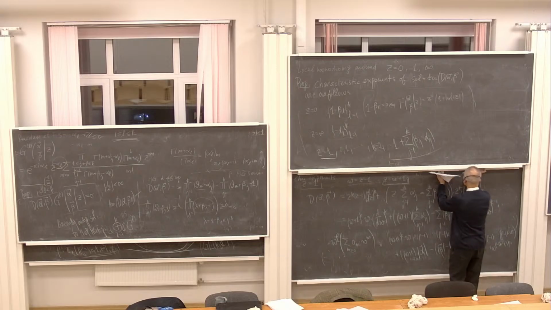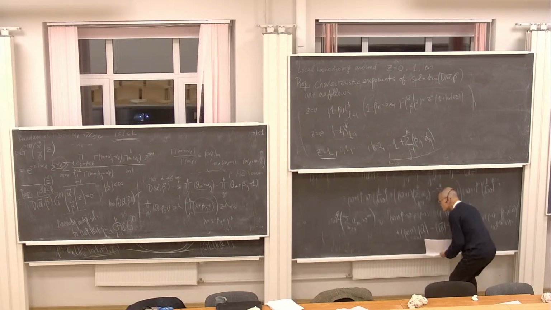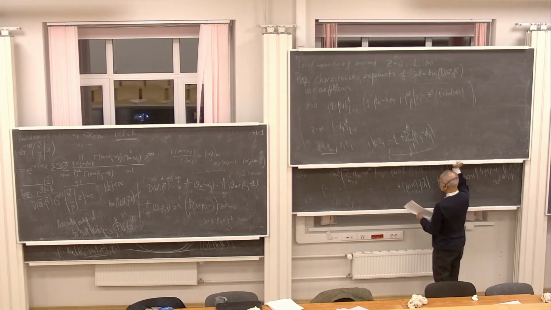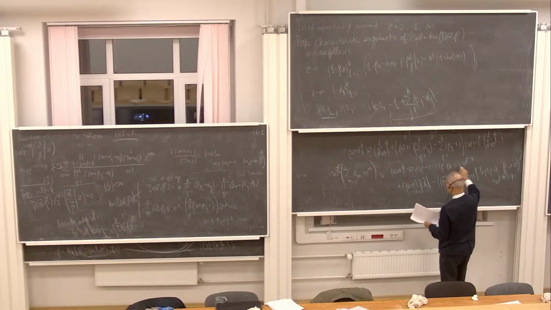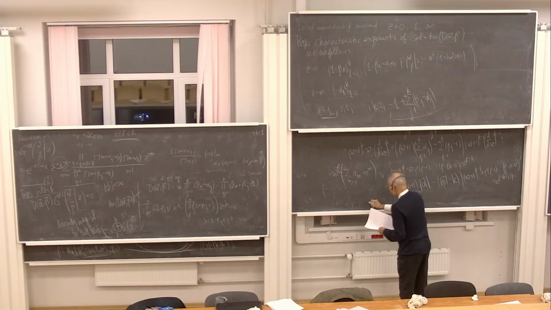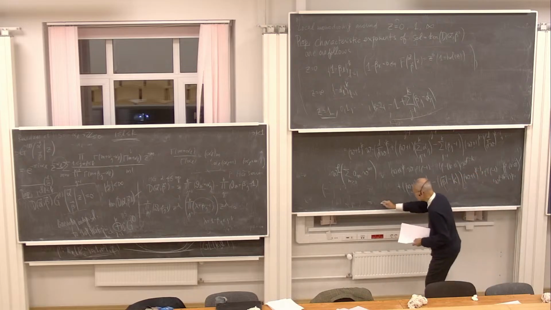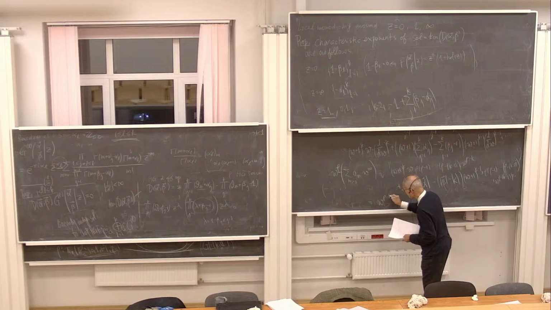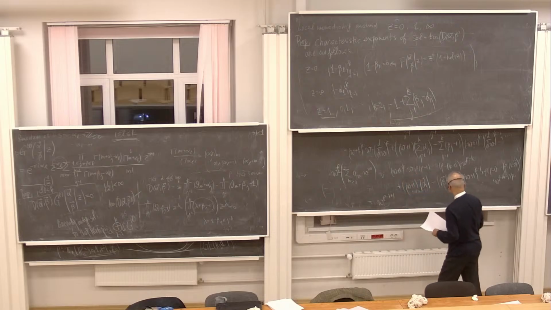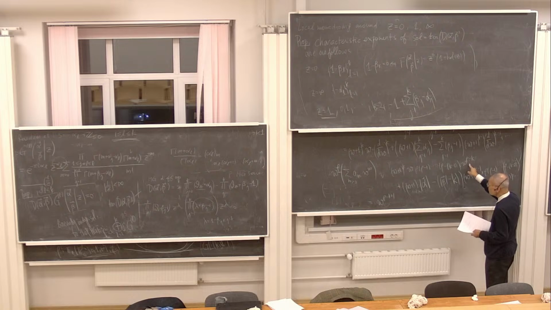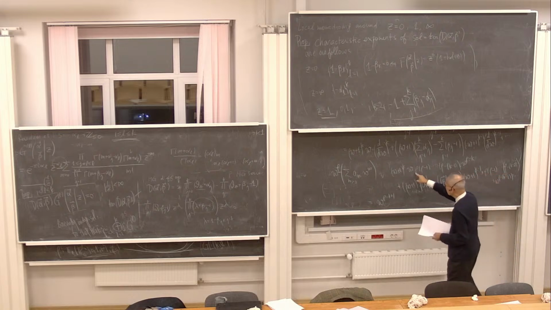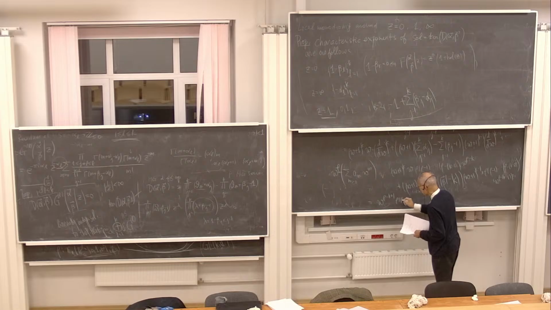Thus let us gather the lowest order term, w to the power rho minus k plus 1, with rho minus 1 through rho minus k minus 1.